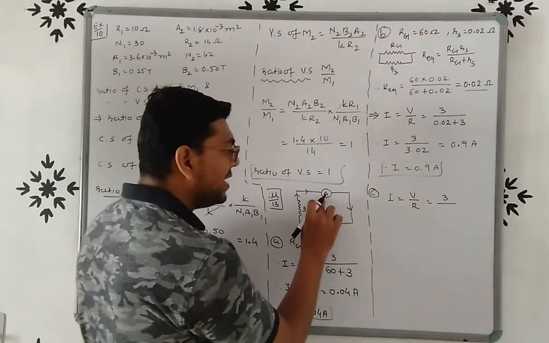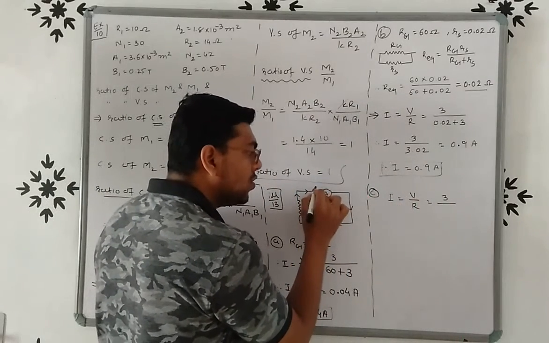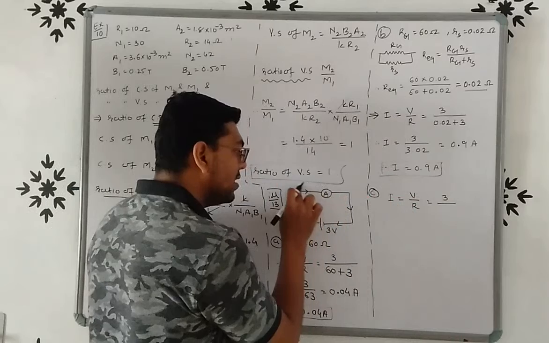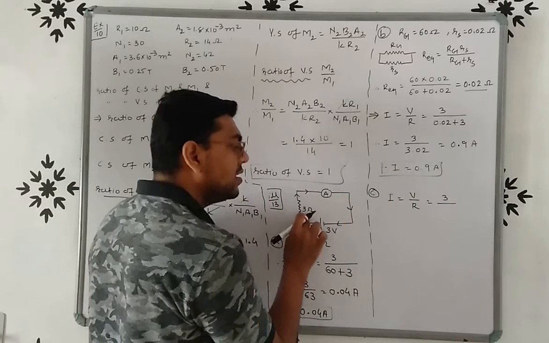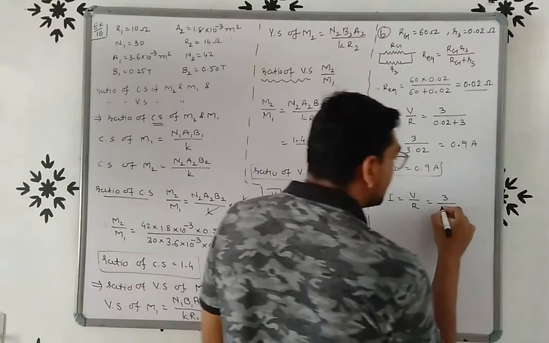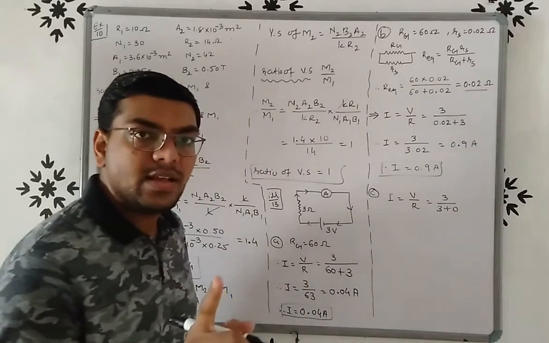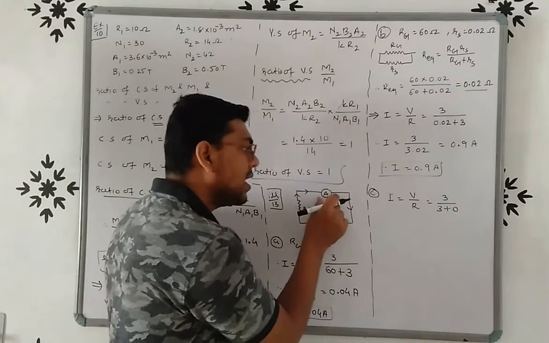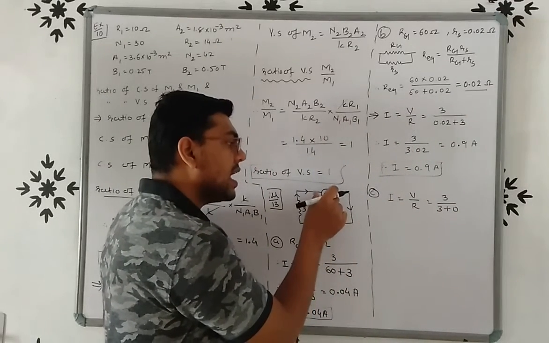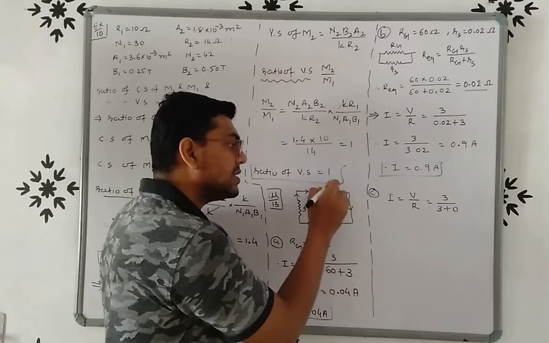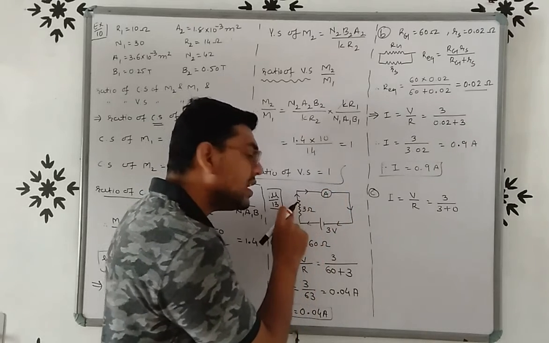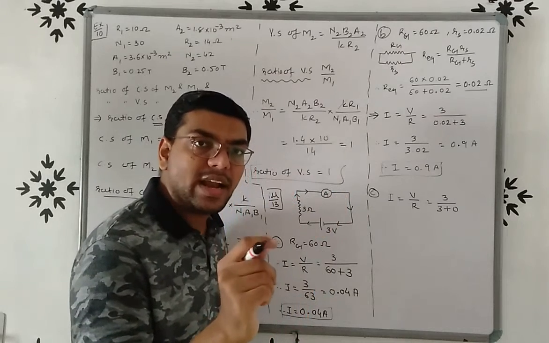So this ammeter having a resistance 0 ohm is in series, not parallel, right?